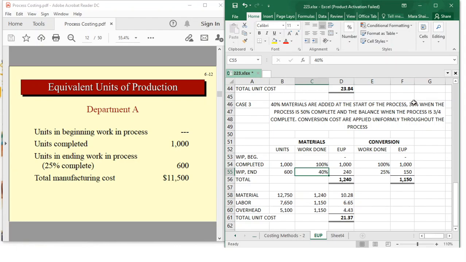So, mo na nga ang percentage of work done diri sa imong materials should be 70. So, careful lang ka sa imuhang materials. Kay mo man nakasagaran gyud nga naay daghang changes. So, with that, you have a total unit cost of 21.37.